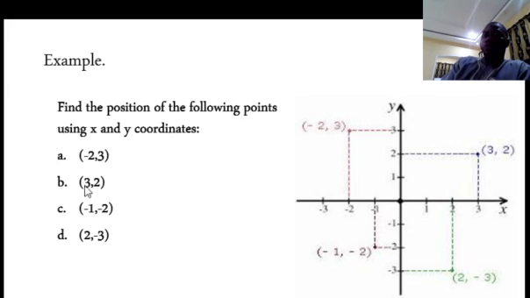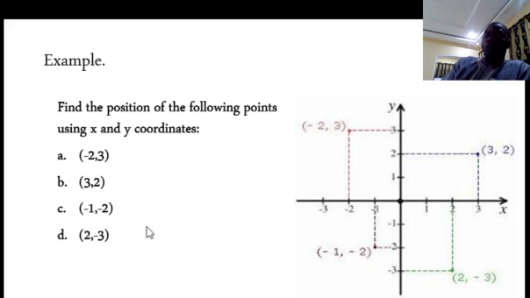Then if you want to locate 3, 2, go to the origin again. You want to locate 3. That means you take 3 steps towards x, 1, 2, 3. Then you take 2 steps towards y positive, 1, 2. Okay, we have the point located there.